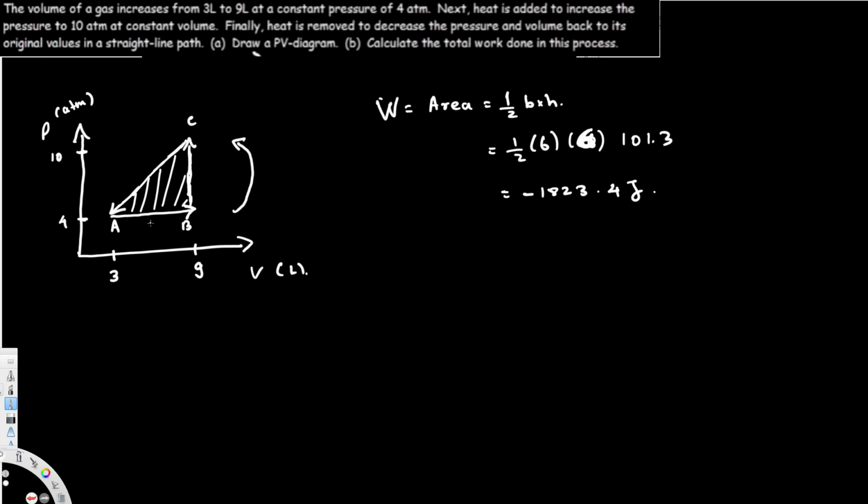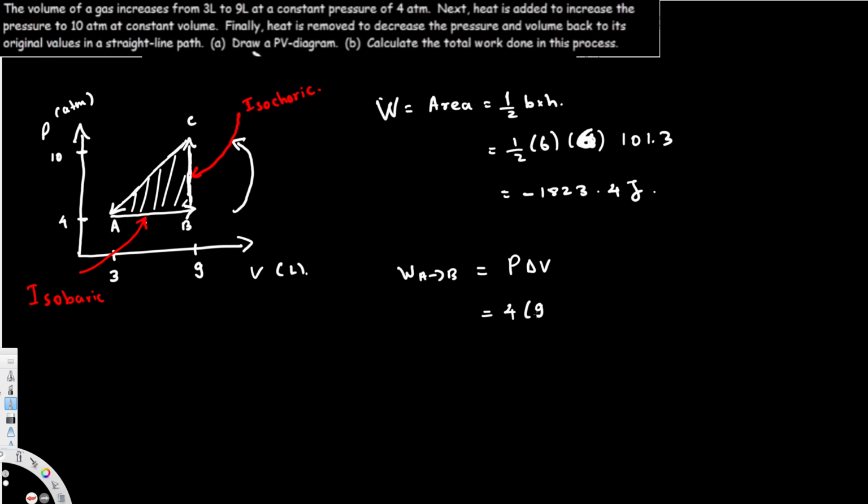Let's take the AB path first. This is isobaric, since the pressure is constant. And this one, since the volume is constant, is an isochoric process. So these are the two processes we have. For W A to B, since this is an isobaric process, we can use the equation P delta V. Pressure is 4 atm times the volume difference, final minus initial, 9 minus 3, that's going to be 6.